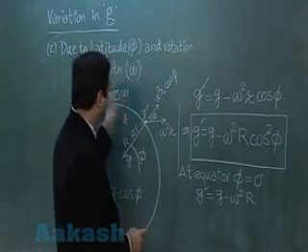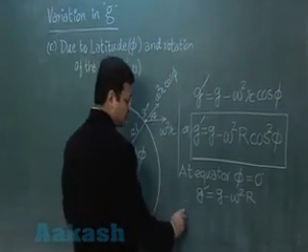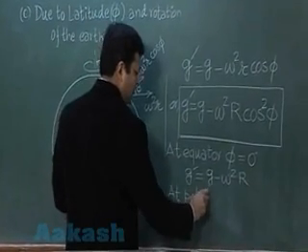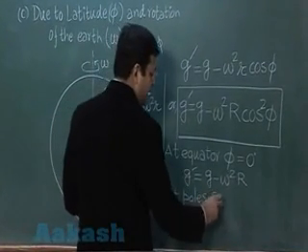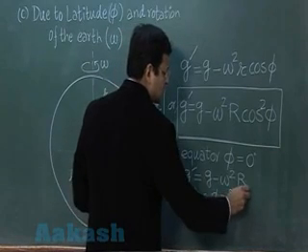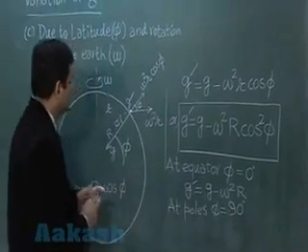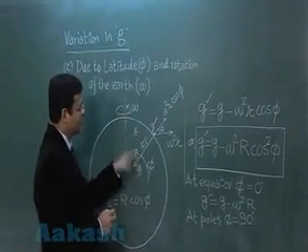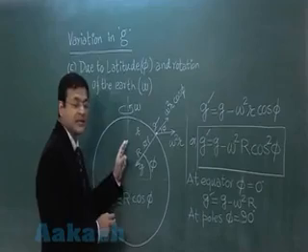But if you are on the poles, you have phi equal to 90 degree. Why 90 degree? Because on the poles means your position is here, and if you are going like that, the phi value will become maximum, that is 90 degree.